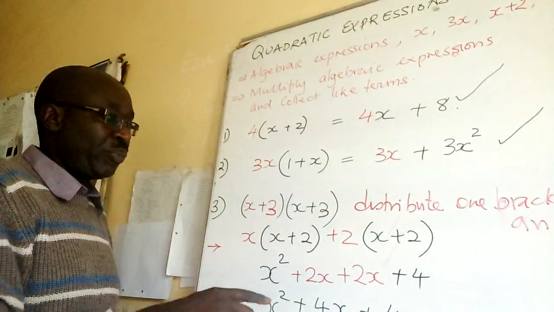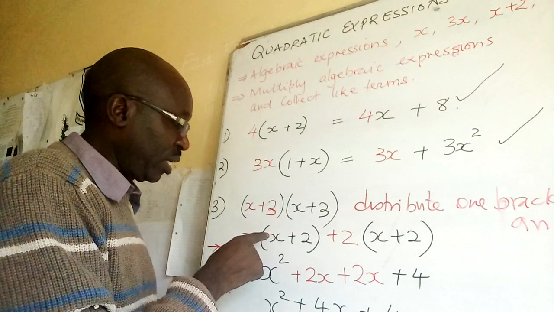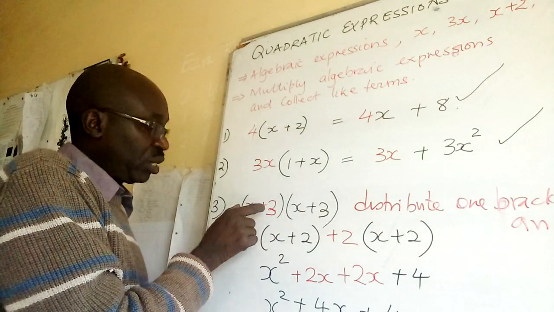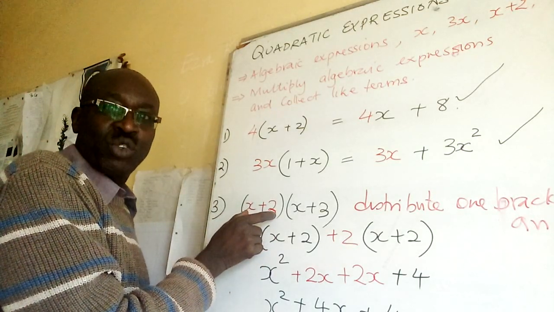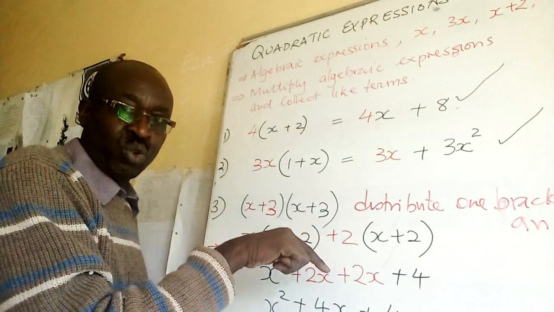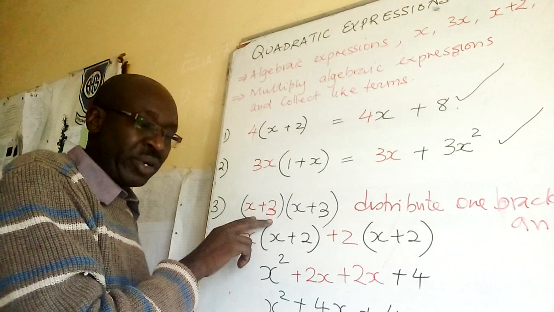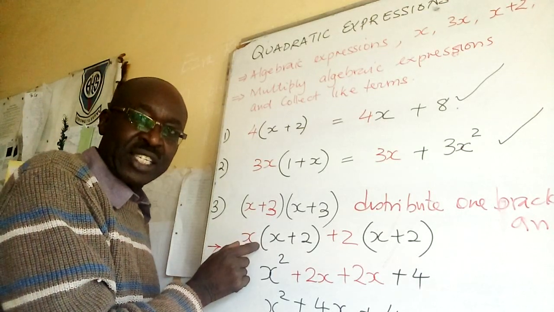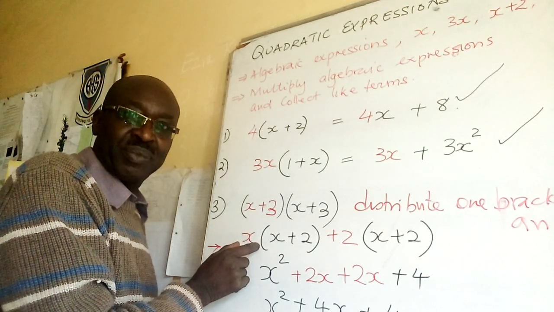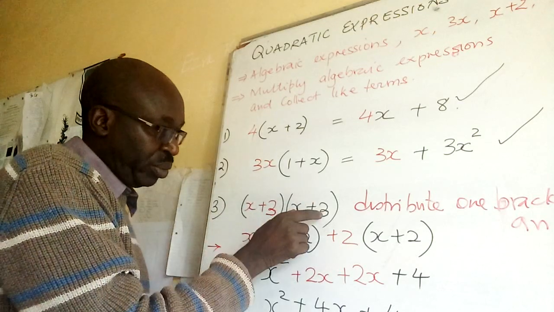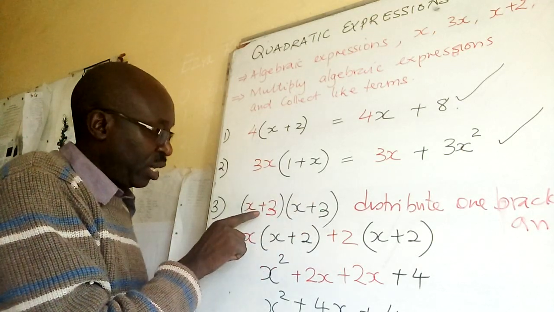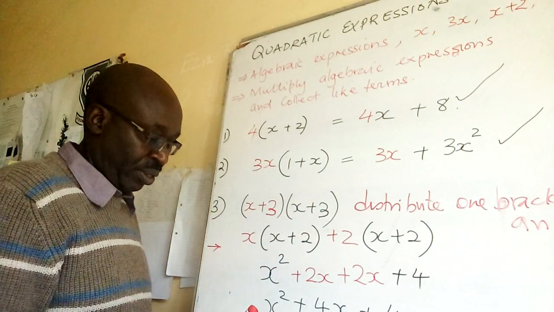So an example is here. This bracket in red is the one to be distributed to the second one. So in this first bracket, you just take the first element, x. I take x, distribute it. Then plus.